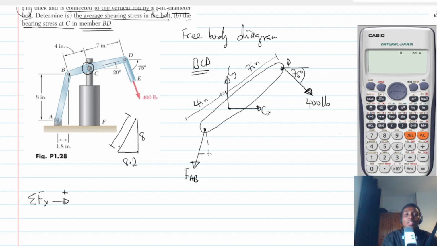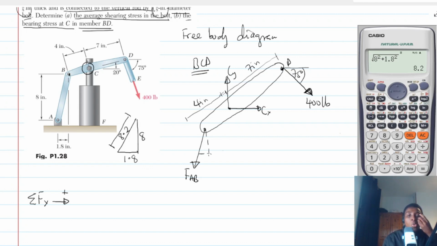So what is the distance? That distance will be, so let's pick our calculators, 8 squared plus 1.8 squared. So you are going to get 8.2. Oh, in fact, this is 1.8 and the 8.2 is here.